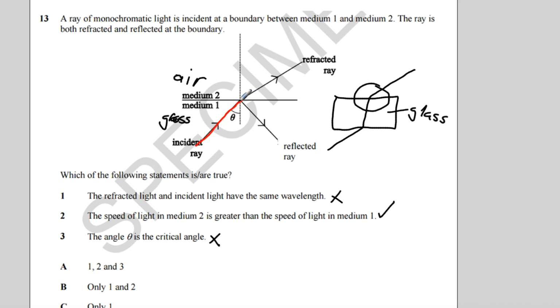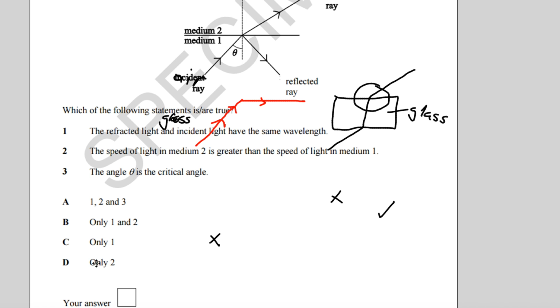If that was the critical angle, then the refracted light would be travelling along this path here. And that's not the case, so we know that's not the critical angle. So only 2 is true here, and that's one of our options. So this one, answer D, we were looking for.